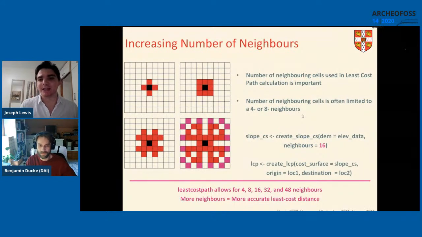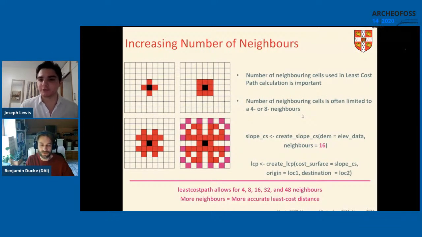But in essence, as you increase the number of neighbors incorporated within your analysis, it means that the least cost path has more potential to take a route that has less cost. So for example, if you're working on 4 or 8 neighbors, the movement of your least cost path is limited to only those neighbors.